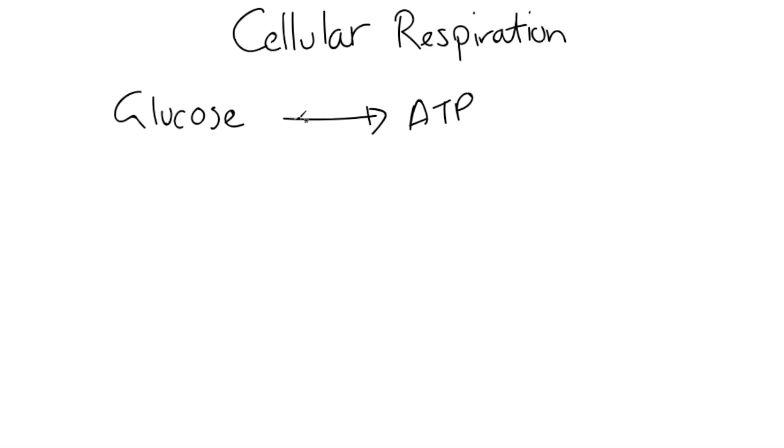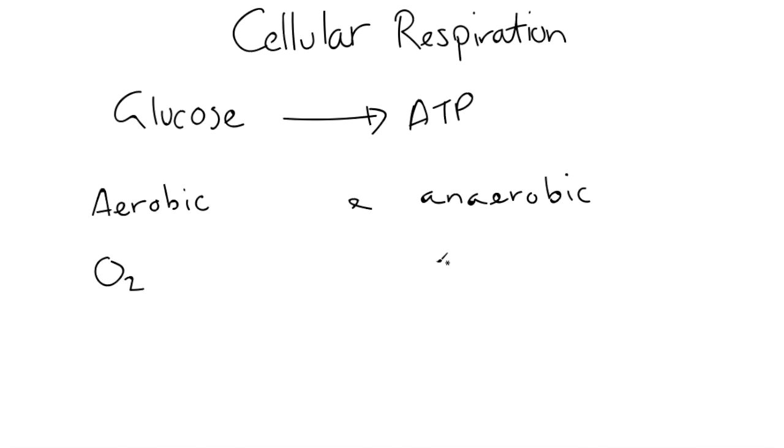Okay. Now, there's two different kinds of cellular respiration. There's aerobic and there's anaerobic. Now these may be familiar with you if you go to the gym or you like sports, and they're the same things. So when you think about aerobic respiration, you think about oxygen. Aerobic respiration uses oxygen. Anaerobic doesn't use oxygen.